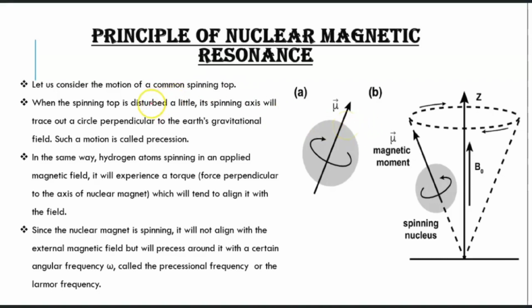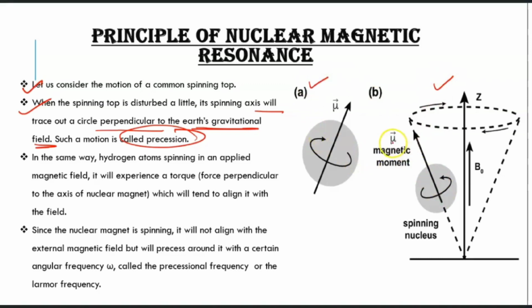Okay, so when the spinning top is disturbed a little, its spinning axis will trace out a circle perpendicular to the Earth's gravitational field, and such a motion is known as precession. Over here you can see a spinning proton, and this is the case of your spinning nucleus.